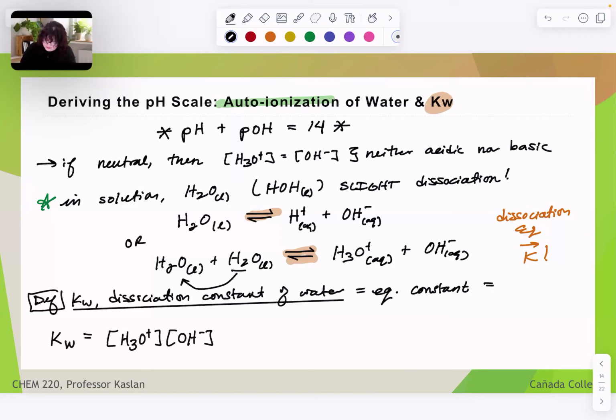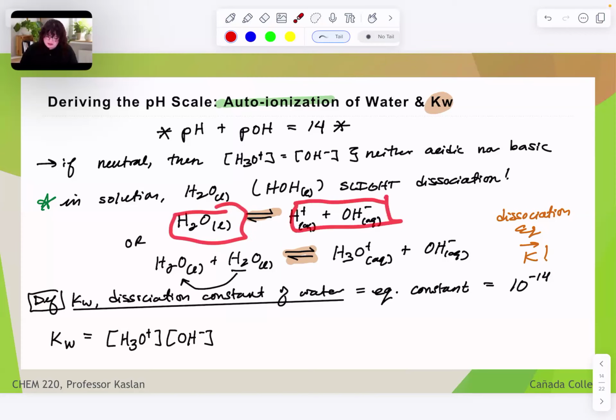And the known value that has been recorded is 1.0 times 10 to the negative 14. So super, super tiny. This is why I wasn't completely lying to you in Gen Chem 1 when I said that water is polar covalent and wouldn't dissociate and thus wouldn't behave as a weak electrolyte or anything like that. It's because this is incredibly, incredibly small. So this equilibrium favors molecular water over it being dissociated into hydronium or hydroxide. 10 to the negative 14 is really, really tiny.